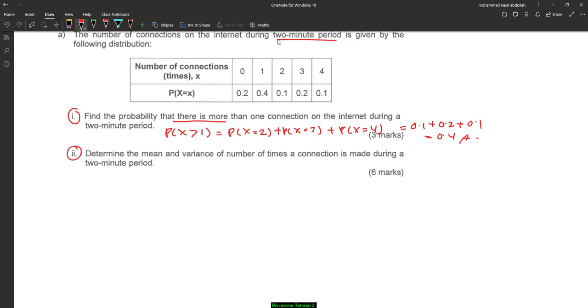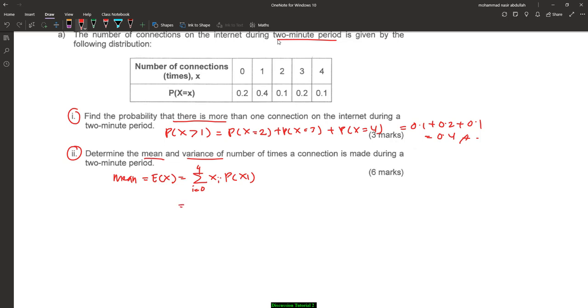So number 2, determine the mean and variance for the number of connections. So mean, we know that mean is equal to expected value of x. So this one should be summation of x multiplied with probability of x, where i equal to 0 until 4.